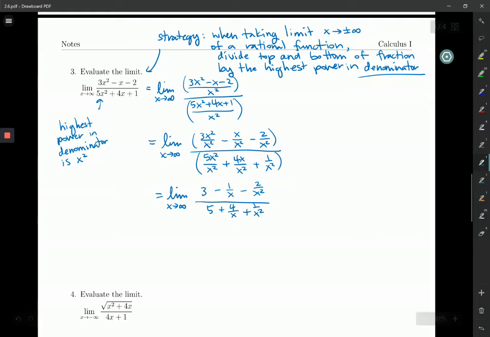Okay, so now we have this. And the reason why we did this manipulation is because we know how to deal with limits like this one. So for instance, we know that the limit as x goes to infinity of 1 over x is equal to 0, and the limit as x goes to infinity of 1 over x squared is equal to 0.